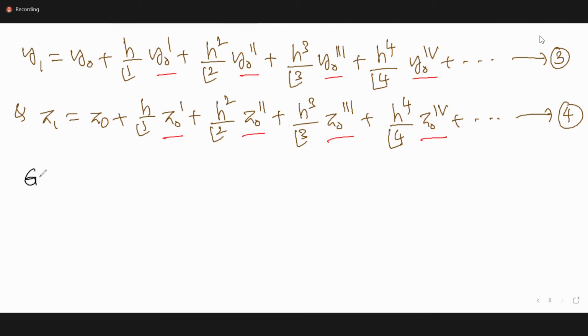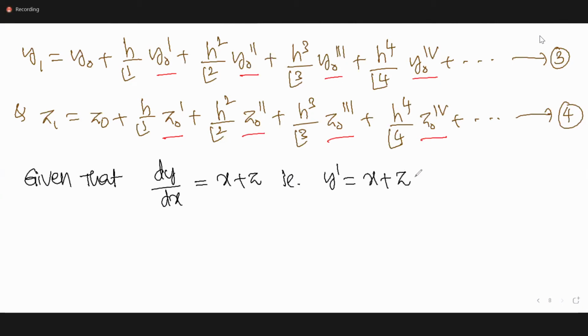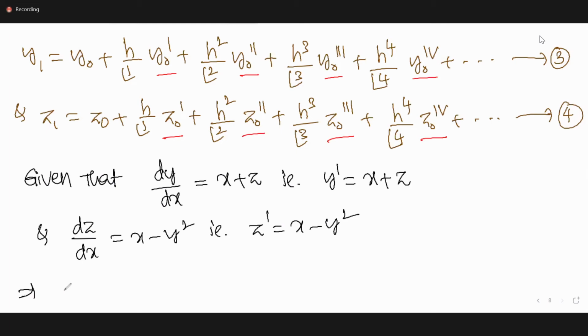First, given that dy by dx is x plus z. That is, y dash is x plus z. And dz by dx is equal to x minus y square, that is z dash is equal to x minus y square. That implies y naught dash means y dash at x is equal to x naught, that means x plus z at x is equal to x naught.